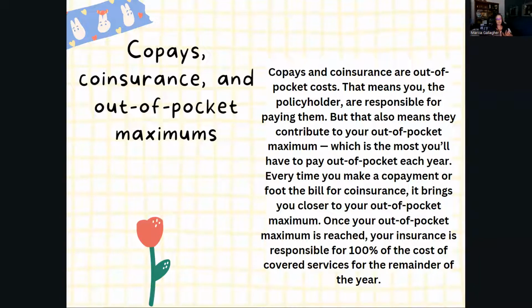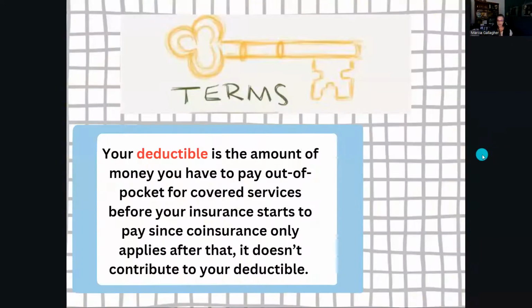I hope that makes sense. But your deductible is what you have to reach. That's that big number. If you have private insurance, I very rarely meet my deductible in a year, and that's most of us. My deductible is $1,500. So anytime I go to the doctor and I pay something, that goes towards my deductible.